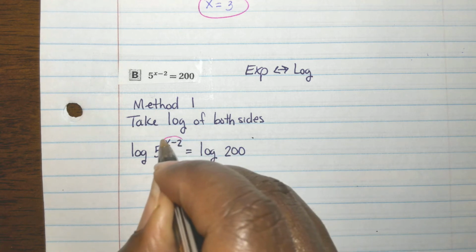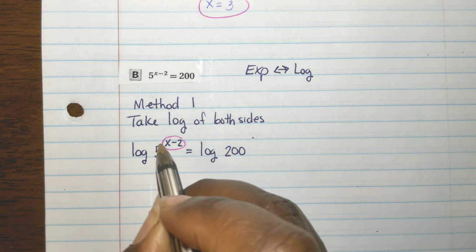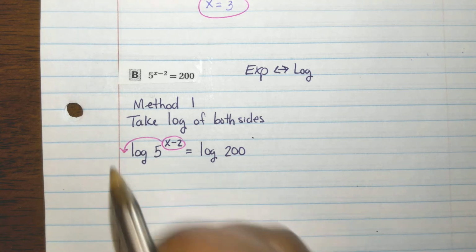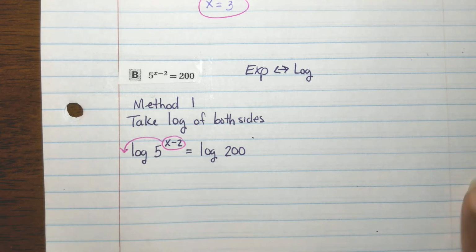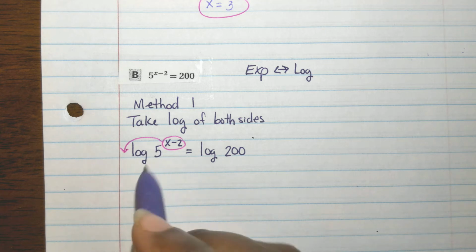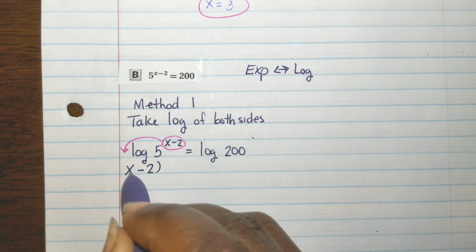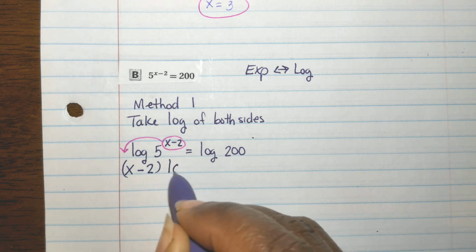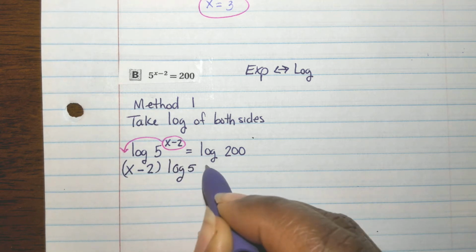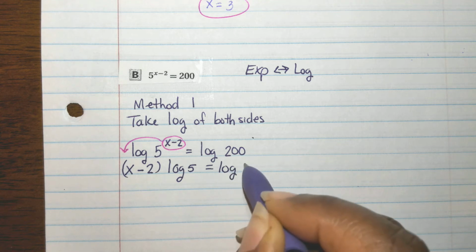And this exponent becomes the coefficient, if you remember your log properties. Applying that log property gives me this equation: x minus 2 times log of 5 is equal to log of 200.